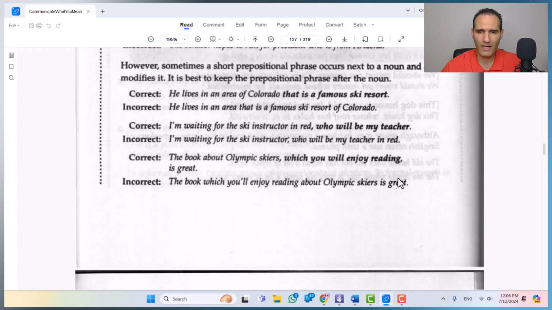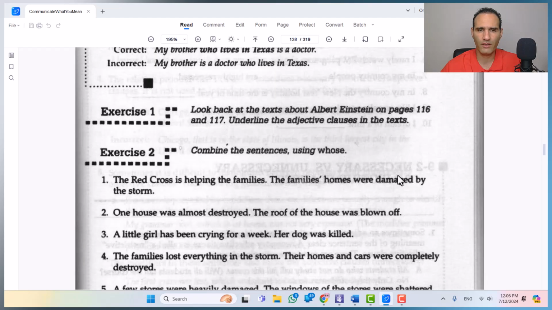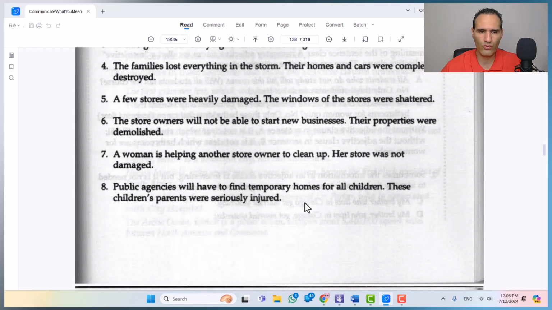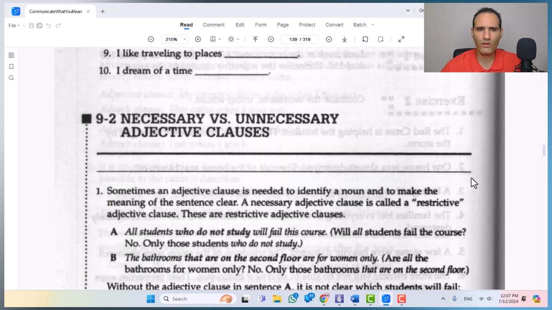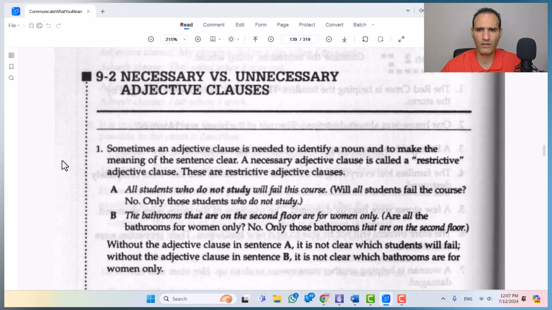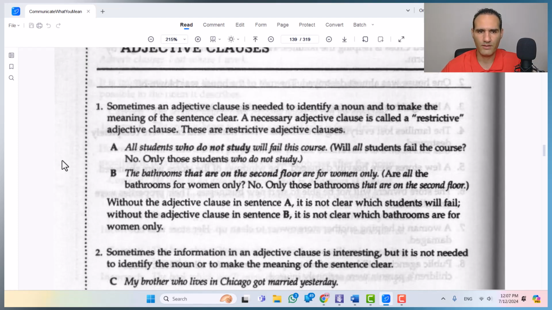Where to bring the adjective clause we talked about, and here the exercises on whose and the exercises on other relative pronouns. And today I am with you with necessary or unnecessary adjective clauses, or restrictive and non-restrictive adjective clauses.